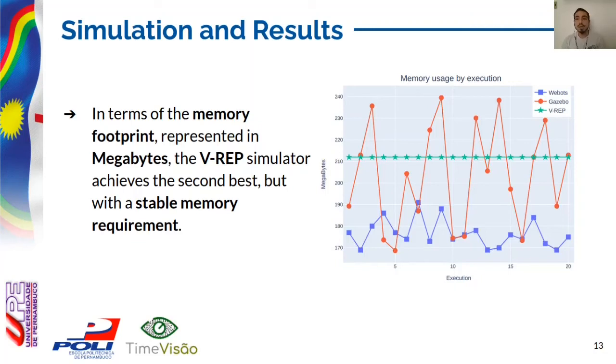The opposite observation can be made for Webots and Gazebo. Nevertheless, Webots achieved less variation in memory, with an average of 176 megabytes requirement between each execution, than Gazebo, which presents an average of 203 megabytes.